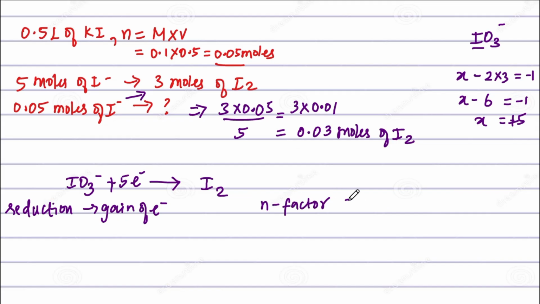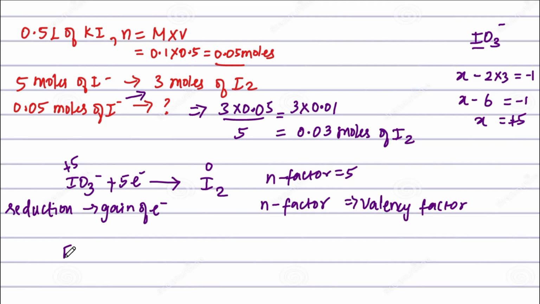The n factor, the valency factor, represents the change in oxidation number per mole of the substance. For one iodine atom, from +5 to 0, the change is 5. So here the n factor is also 5.